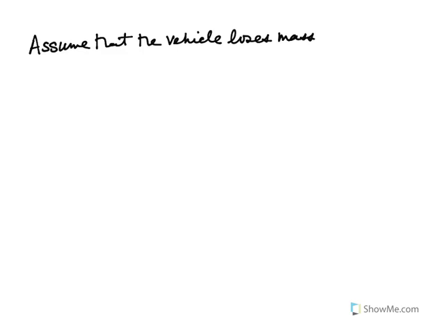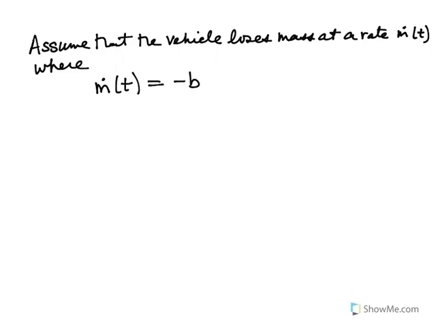We assume that the vehicle loses mass at a rate which I'm going to call m dot of t, where m dot of t is going to equal minus b, which is a constant.